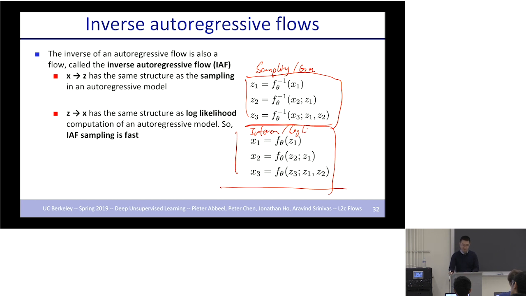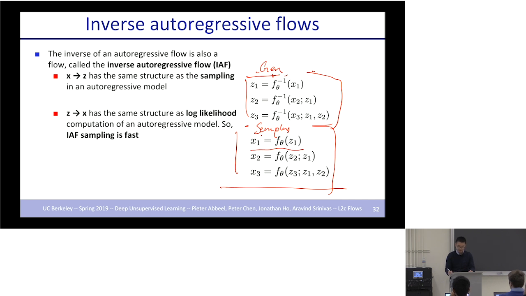Right, so let's take a look at the sampling path first. So this should be the generation. So let's look at how it samples. The way that it samples now is different. The first one is still the same.